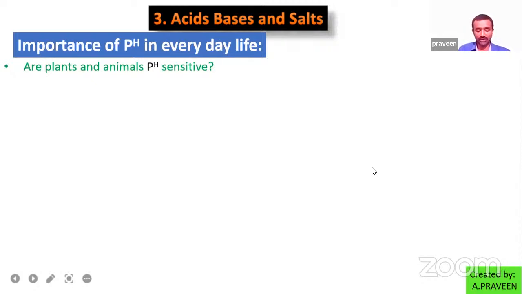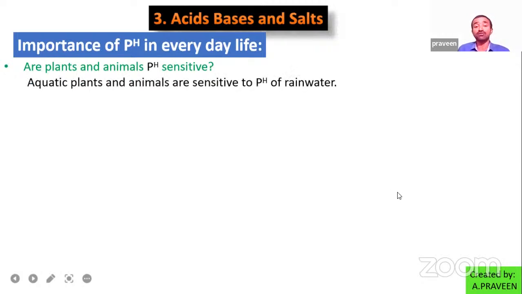Why, sir? How, sir? Because especially now, I am discussing acid rain here. Aquatic animals and plants depend on natural water, that is from the rain. So rainwater is supplied to the plants.